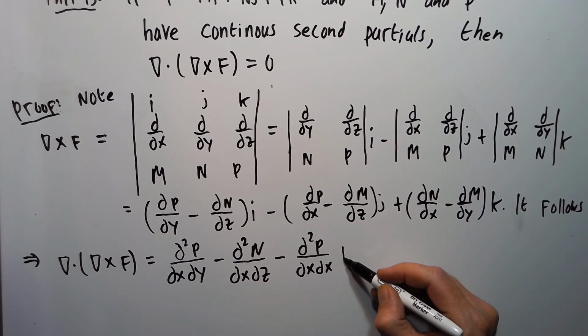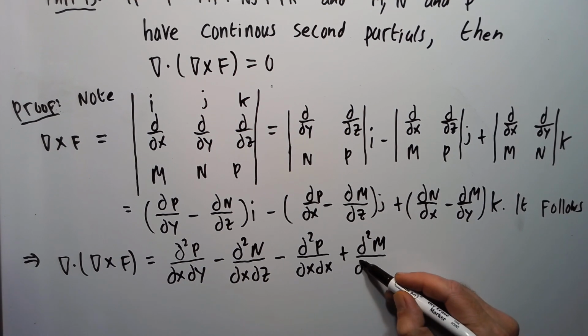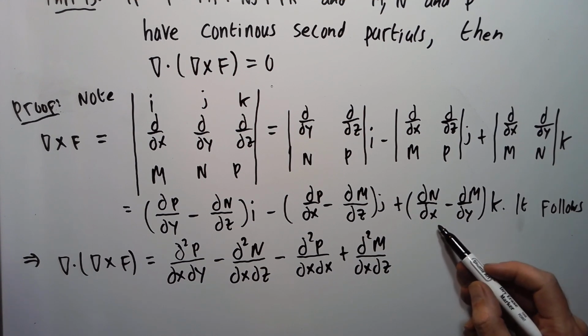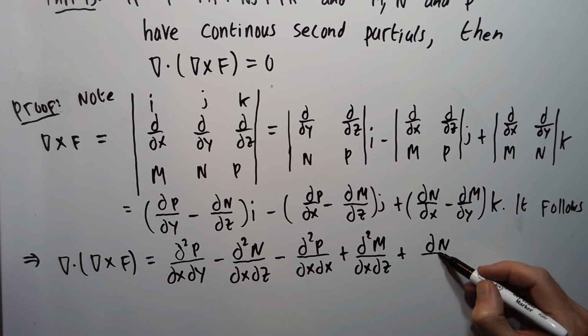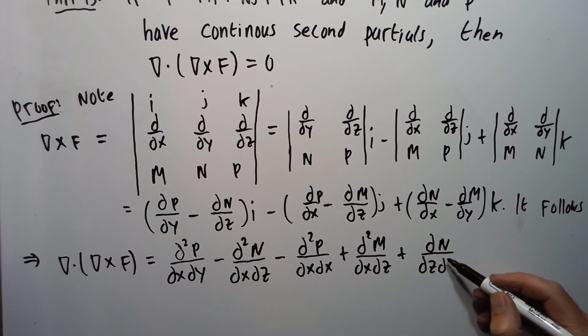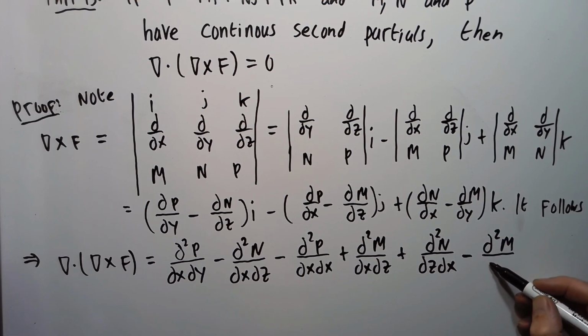Then it'll be double minus here, so plus second derivative with respect to x, z, and then our z operator will operate on this. So it'll be then partial N, z, x minus second partial with respect to x, y. Okay, so we have to show that this is 0.